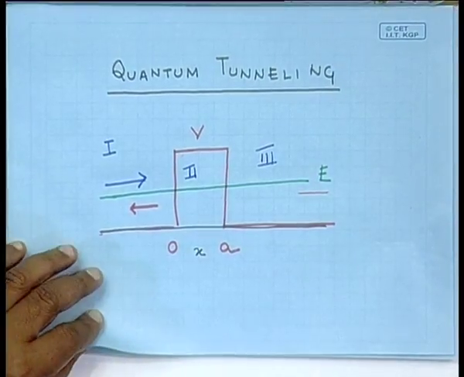The analogy here is like a hill. If I have a hill on the surface of the earth, the hill represents a potential barrier. If a particle has to cross this hill, let us say that there is a car which would like to go over the hill, then there are two possible ways to get across onto the other side.